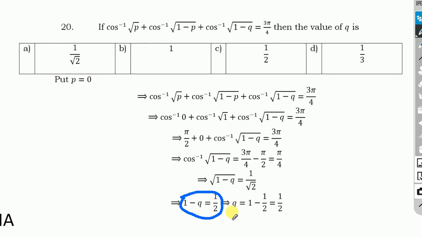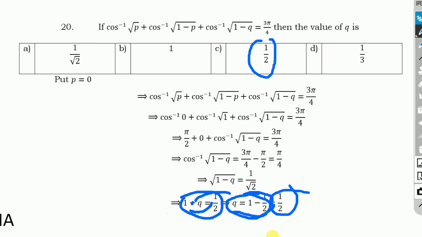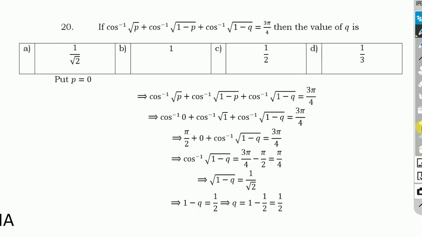That implies q is equal to 1 minus half. So take this half to left hand side and minus q to right hand side. So you get q equals 1 minus half, which is equal to half, which is in option C again. So that is the value of q is 1 by 2.